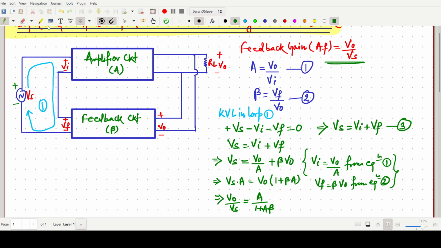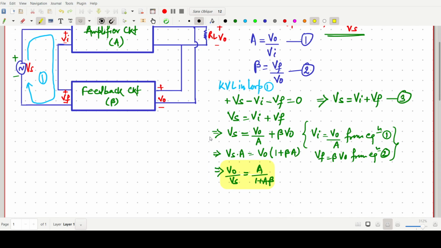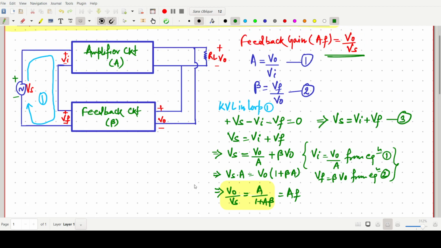I already proved this in my earlier video. This is the feedback gain, represented as AF. Now we have to think about the input and output impedance, that is our topic.